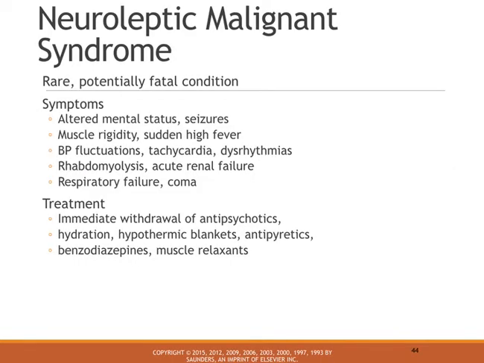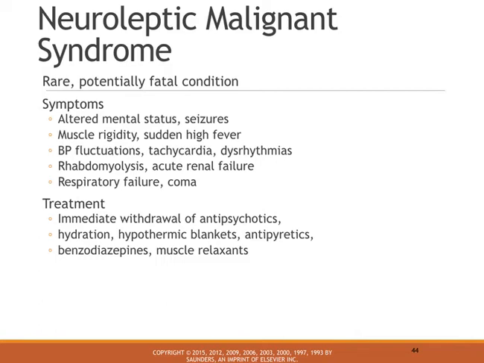And then a rare, potentially fatal syndrome that you need to know about is neuroleptic malignant syndrome. So what are the symptoms? Altered mental status or seizures. They can experience muscle rigidity or a sudden high fever. Their blood pressure can go up and down.